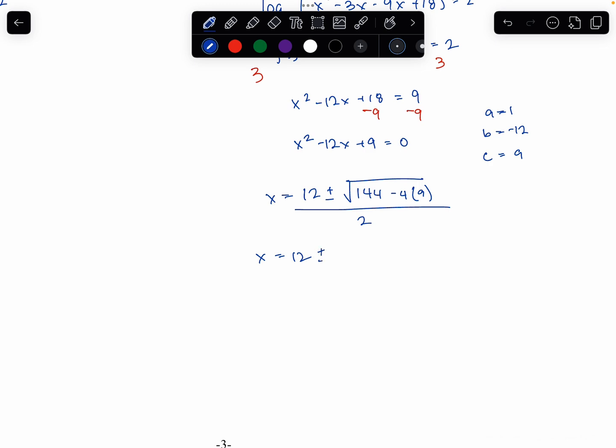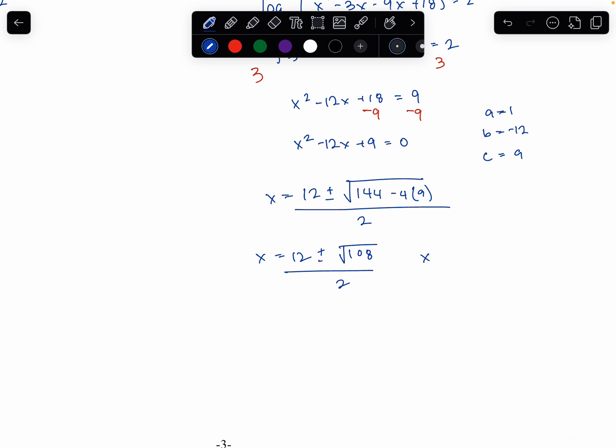Let's do 144 minus 4 times 9, and I get the square root of 108 divided by 2.